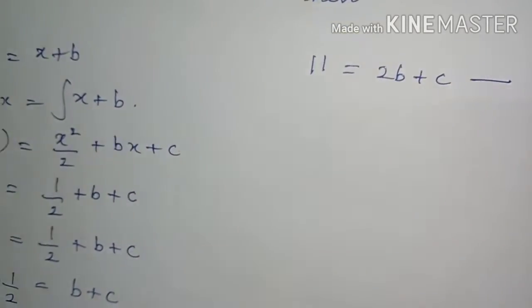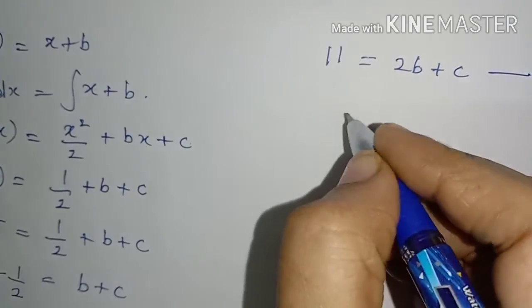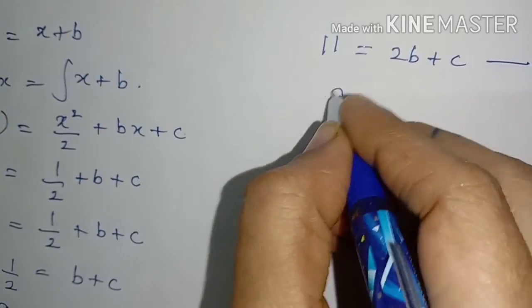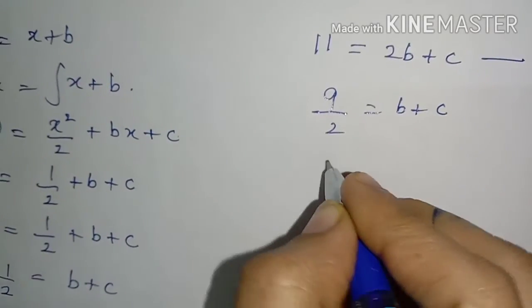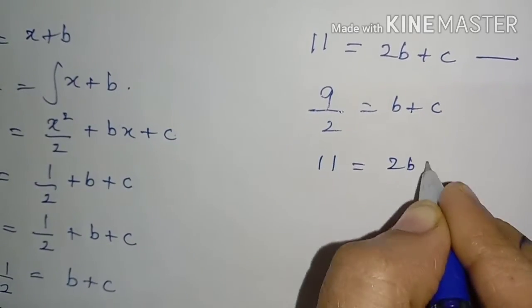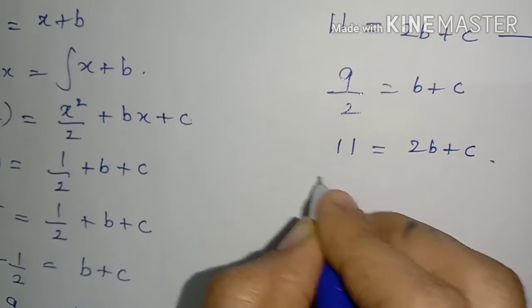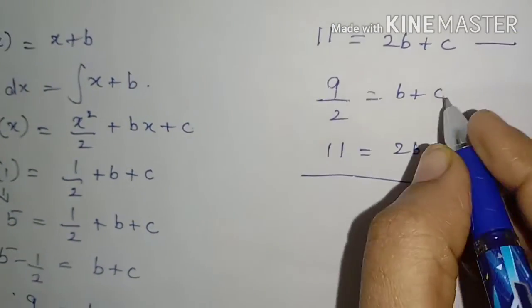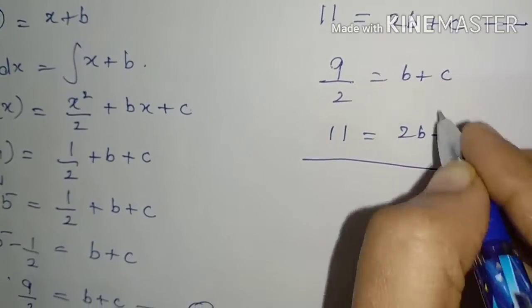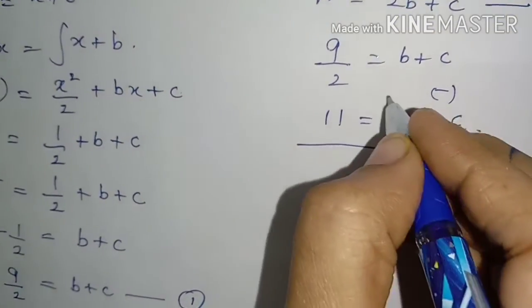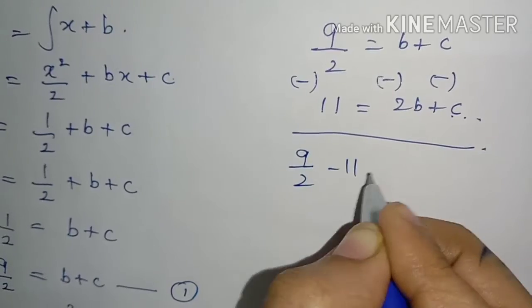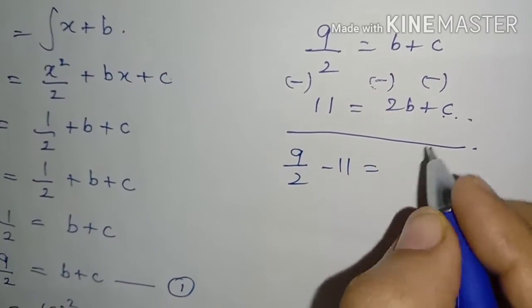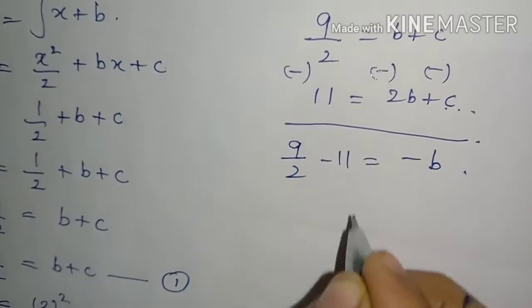So I am taking equations 1 and 2. 9 by 2 is equal to b plus c, and 11 is equal to 2b plus c. Now the c gets cancelled: change the sign and cancel it, here minus, here also minus. So 9 by 2 minus 11 is equal to b minus 2b, which is minus b.